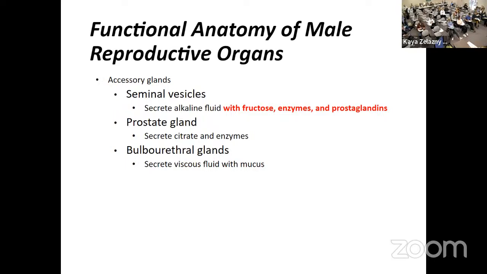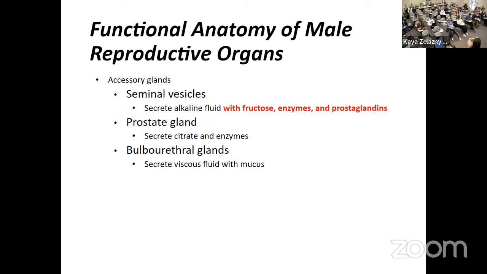That alkaline fluid has within it some important components. So it's going to have fructose, so a sugar, that can actually feed the sperm and help them get energy in order to do their swim, swim, swim action. We're going to have some enzymes in there. We're also going to have some hormones called prostaglandins within that fluid.